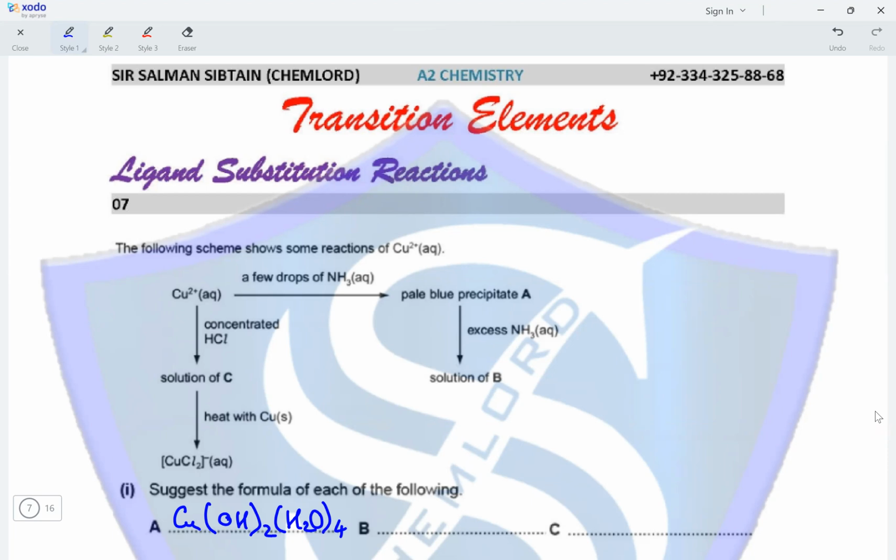Next, we have an excess of ammonia being added to pale blue precipitate A. So if the ammonia is in excess, the solution formed would be a deep blue colored solution, which is Cu having 4 ammonia and 2 water molecules as ligands. On the other side, we've got addition of concentrated HCl to aqueous copper 2 plus ions forming solution C, which would be yellow in color, and it would be the ion CuCl4 2 minus.